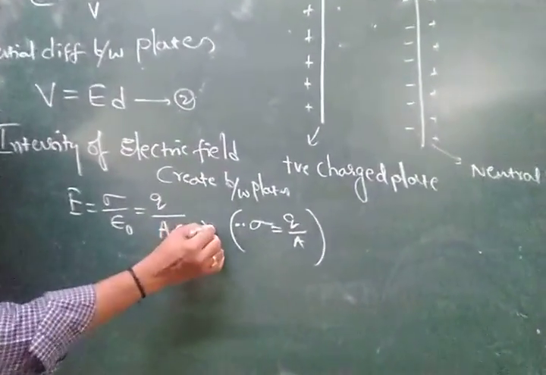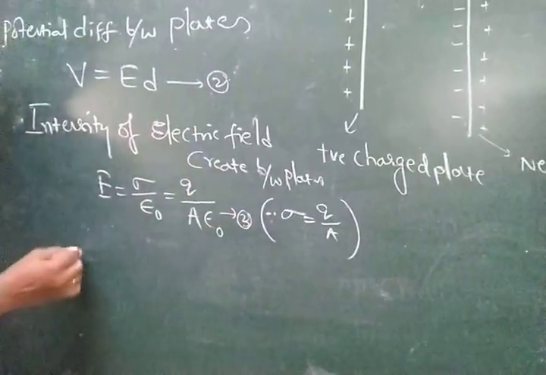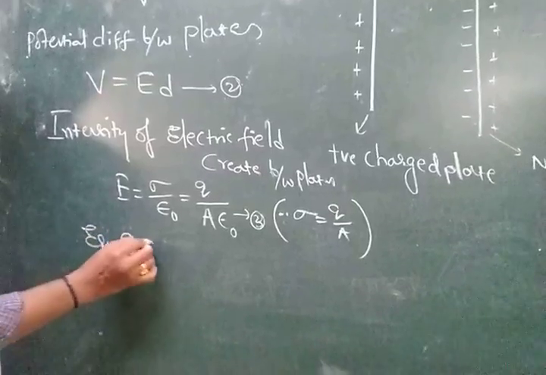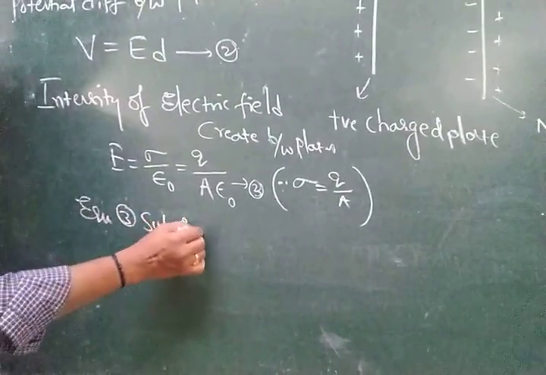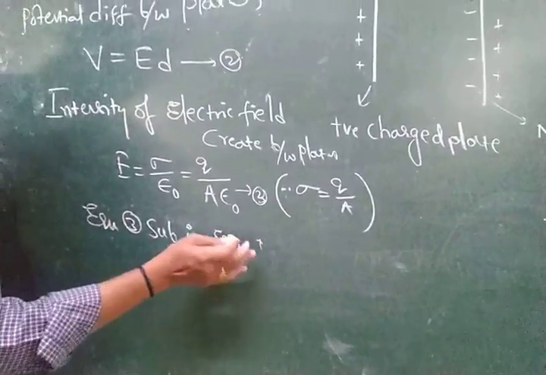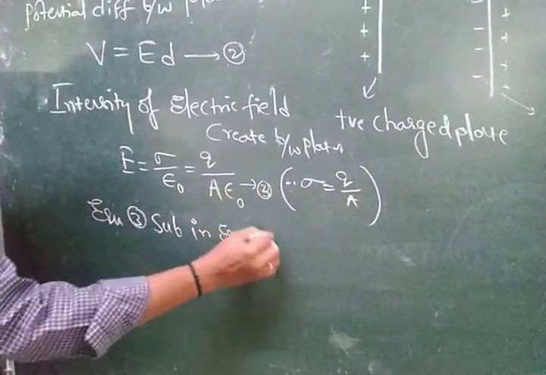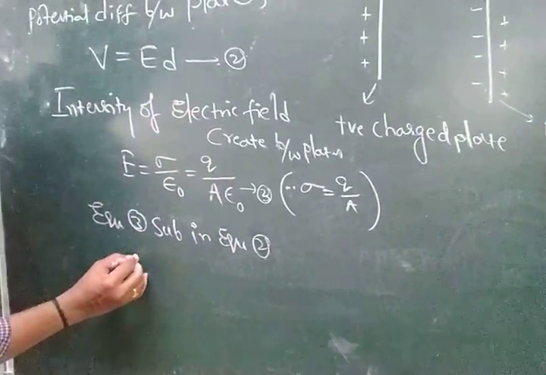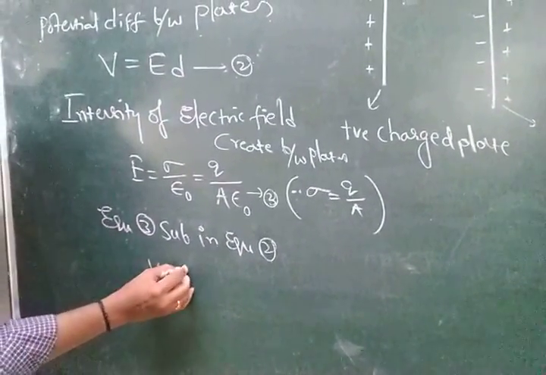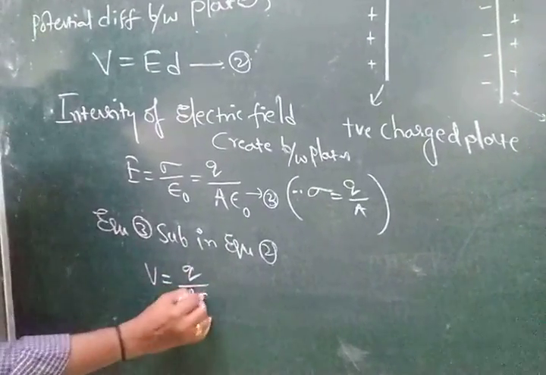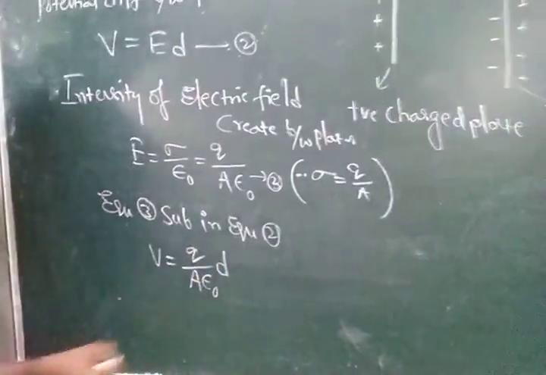This is the intensity, equation number 3. Equation 3 we can put in equation 2. Therefore V is equal to E into d; instead of E we can substitute Q by A epsilon naught into d.